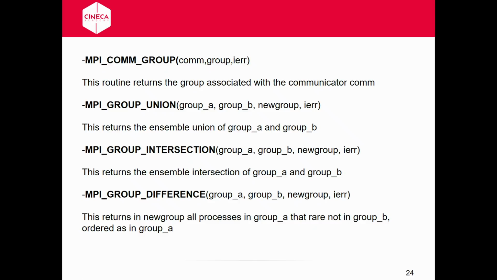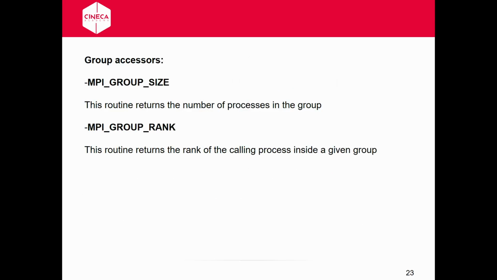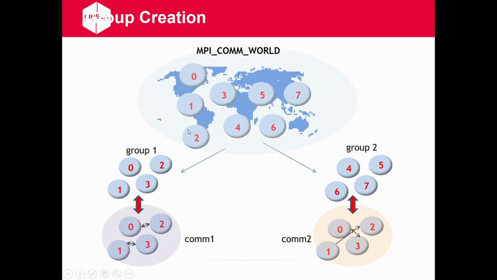You can also compute the intersection between two groups, for example group A and group B, that is the processes that are both in group A and group B. Using the same example, we can create a new group A that contains processes 0, 1, 2, 3, 4, and 5, and another group B that contains 4, 5, 6, 7.